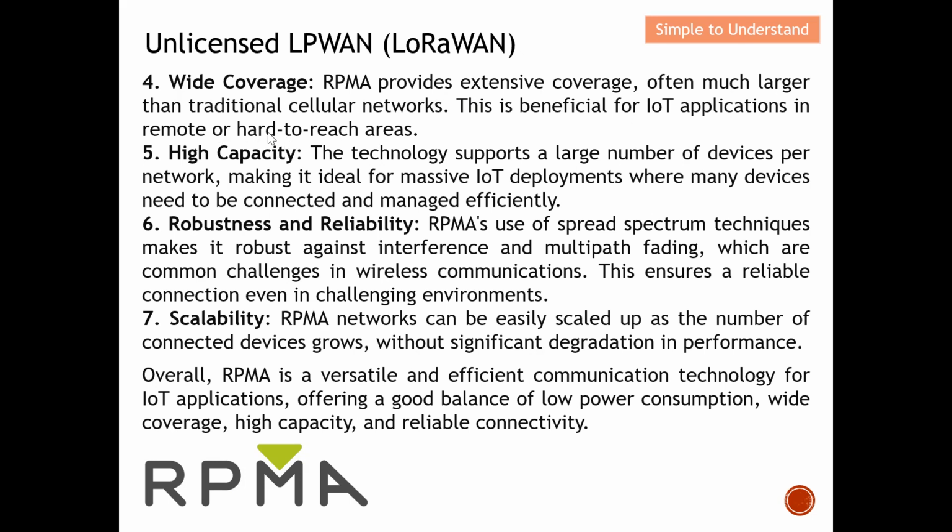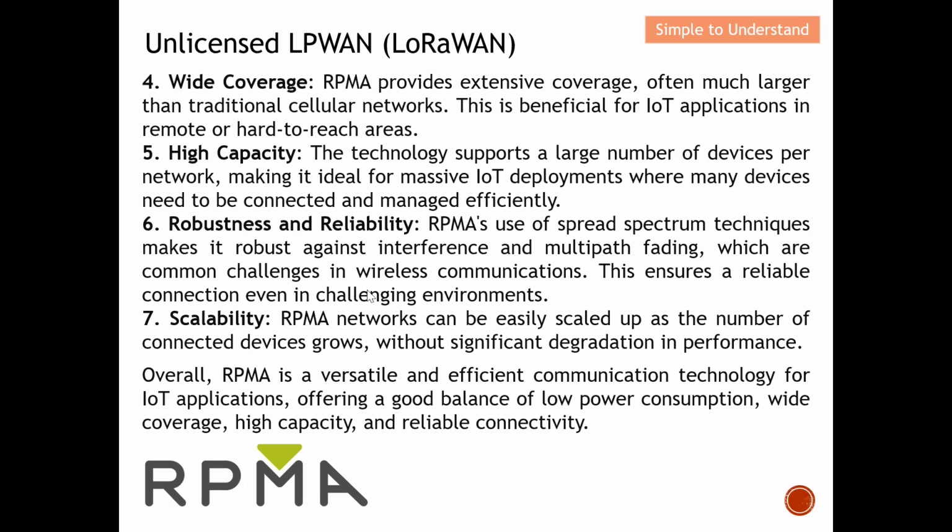High capacity. RPMA can support high capacity. The technology supports a large number of devices per network, making it ideal for massive IoT deployment where many devices need to be connected and managed efficiently. Robustness and reliability: RPMA makes use of spread spectrum technology, making it very robust against interference and multipath fading, which are common challenges in wireless communication.